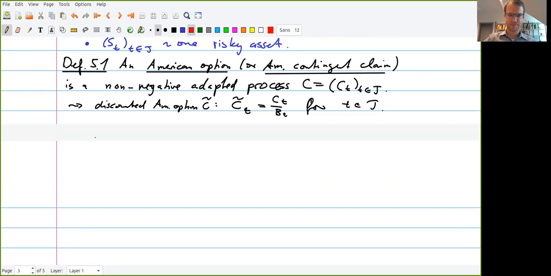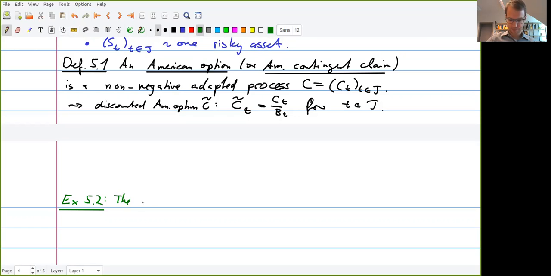So let me give you some examples. The standard examples we want to keep in mind are American put and call options.